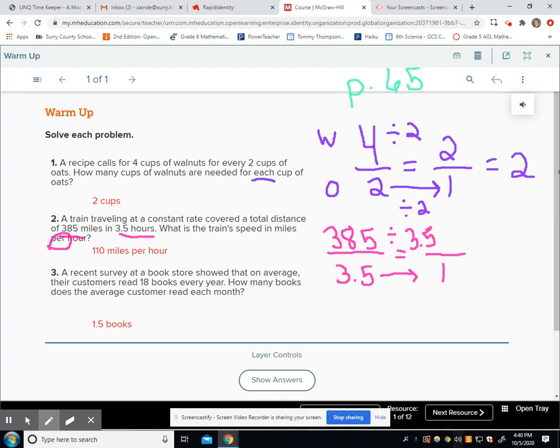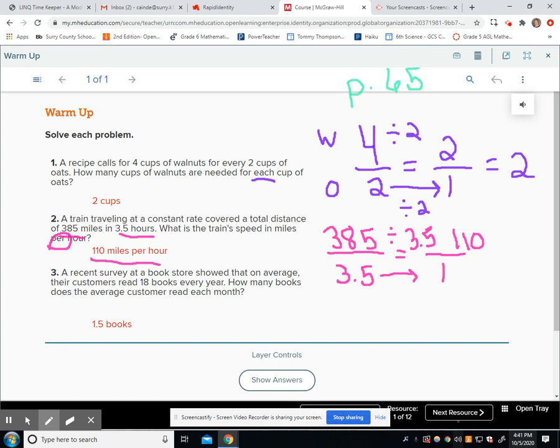And it's okay to do that on a calculator at this point. So 385 divided by 3.5, or 3 5/10, equals 110. And sure enough, that train is traveling 110 miles per hour. That train can travel 385 miles in 3.5 hours. It can travel 110 miles in 1 hour.